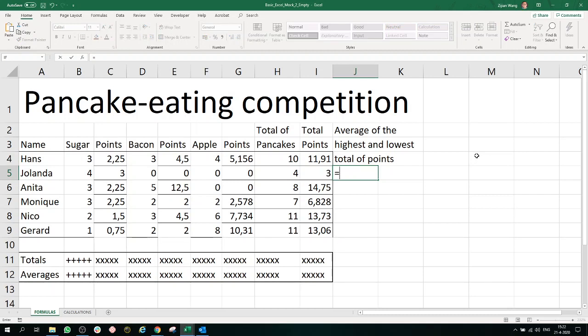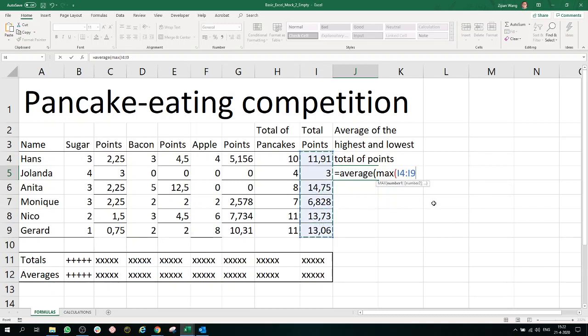That means a function is in another function. So first we figure out we need to use the function average, but the number 1 would be the highest number of points. So that will be max, right? Max, that's another function, and we need to compare with the points.